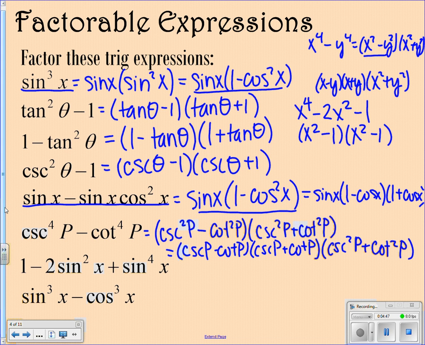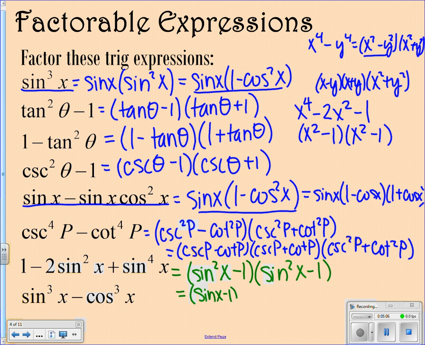I'll write it in a different color. Sine squared minus 1 times sine squared minus 1. And both of those would factor as sine of x minus 1 times sine of x plus 1. And we can just square them because we've got 2 of them.